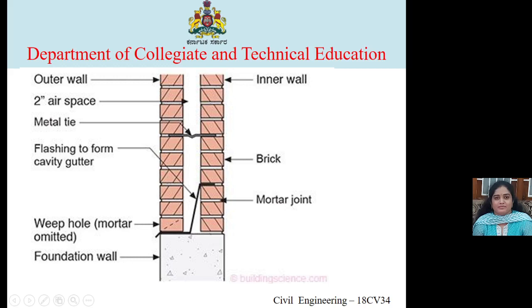This is how the cavity wall looks, made from the bricks. Here both are the same thickness. So 2-inch means 5 centimeter thick gap here. So this will act as a cavity gutter.